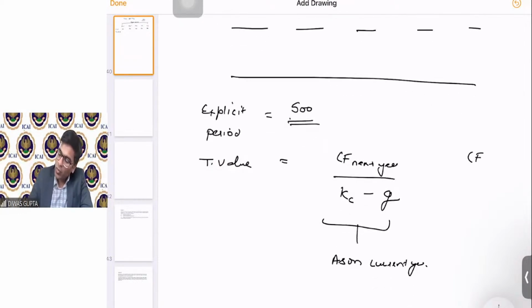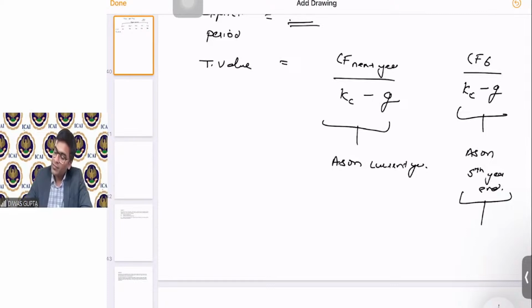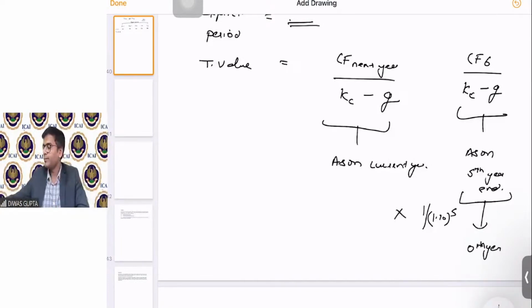Let's say I take the cash flow of the sixth year and divide by KE minus G, it will give me the cumulative value as on fifth year end. Then to bring this fifth year to 0th year, I again need to divide it by 1.10 raised to the power 5, as a present value factor, students.